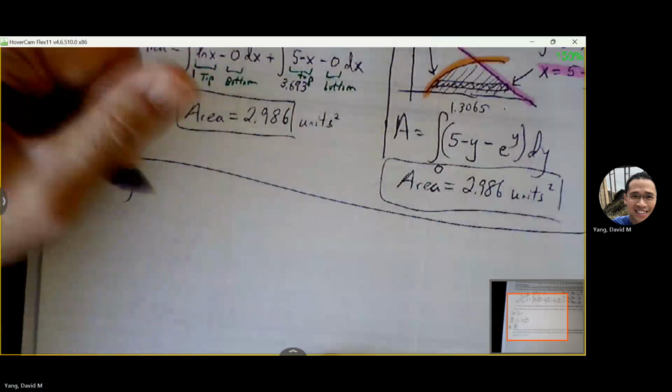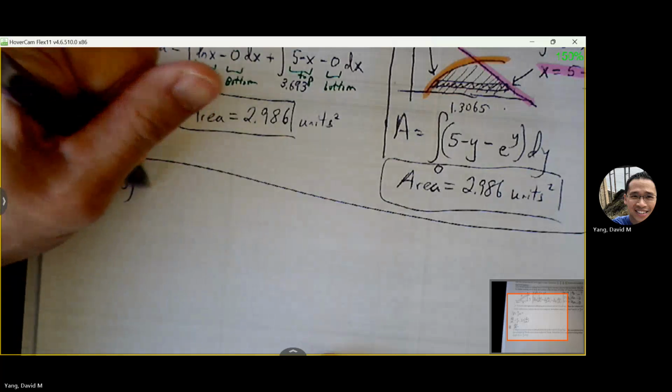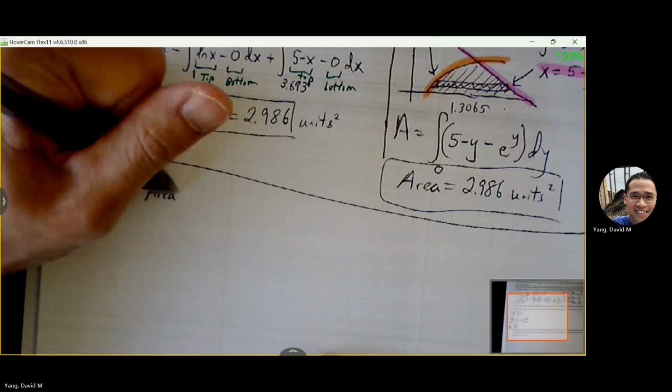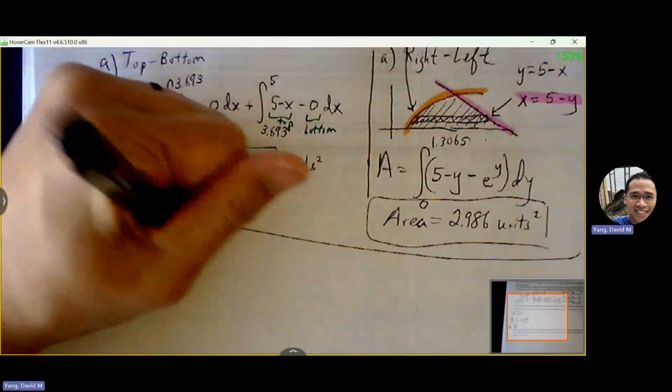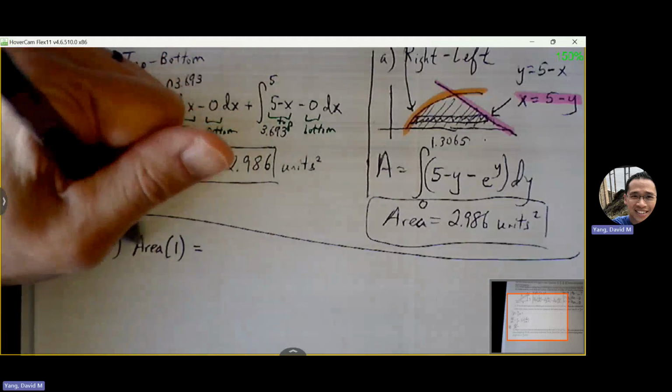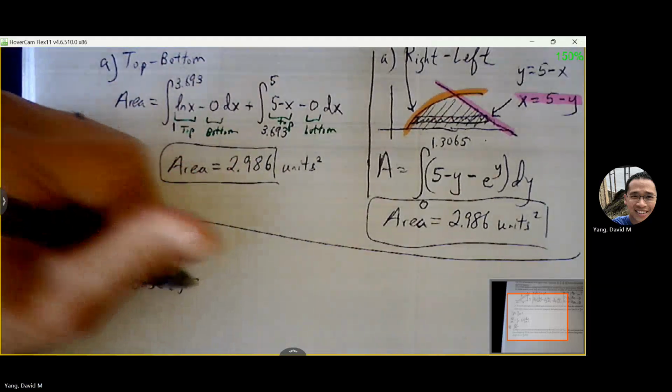So let me start off with base. Let me call this base 1, the one on the left.